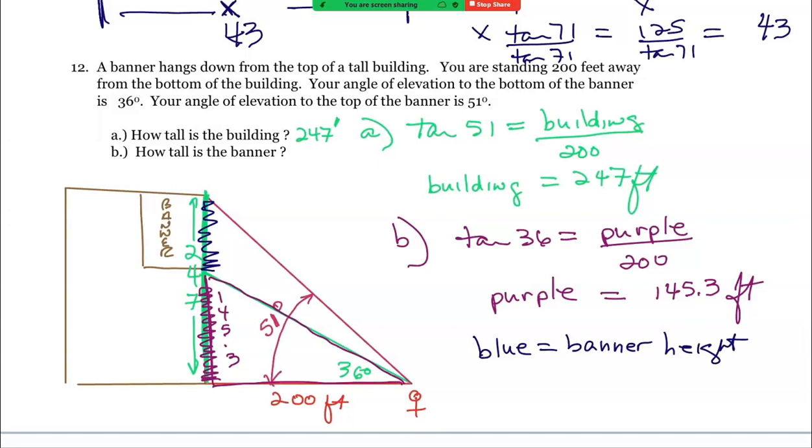To get the banner height, you take the building, which is 247, minus the bottom of the banner, which is 145.3, and that equals your banner height, which is 101.7 feet. So this is 101.7 feet, and then we're done.